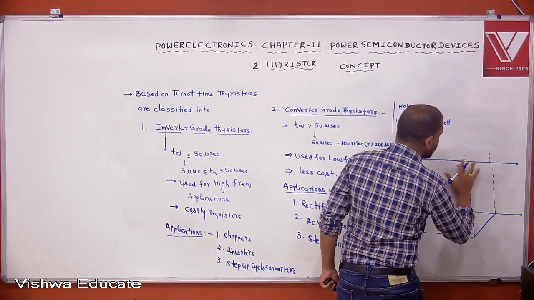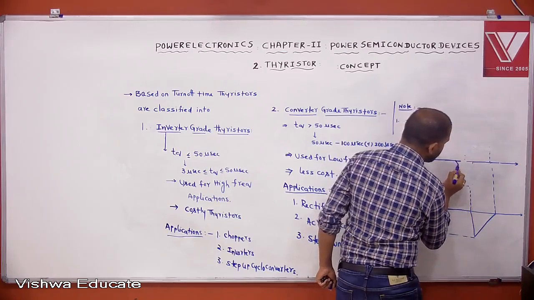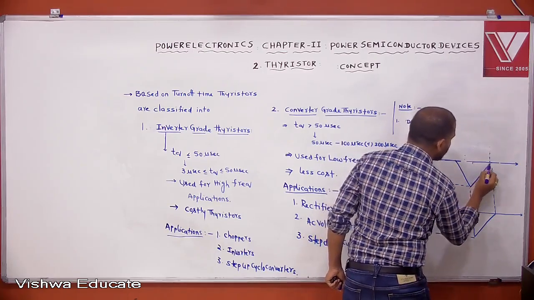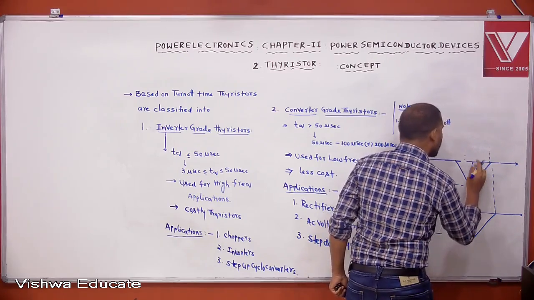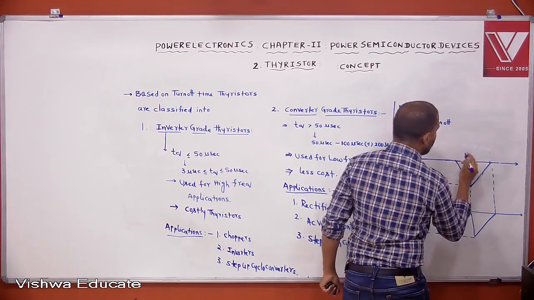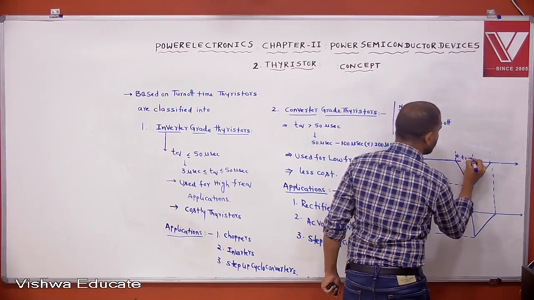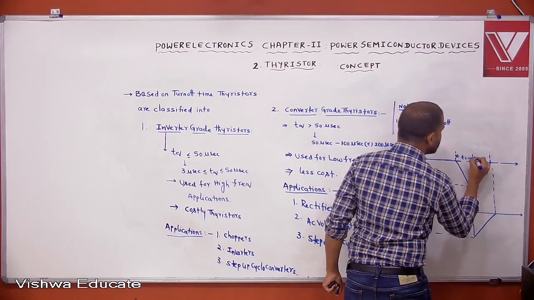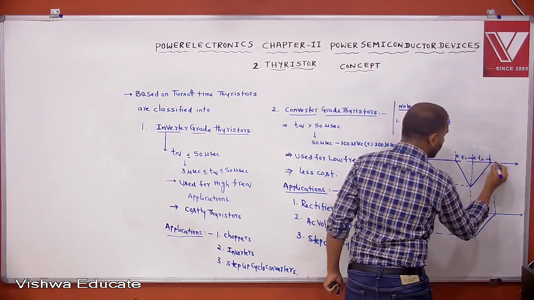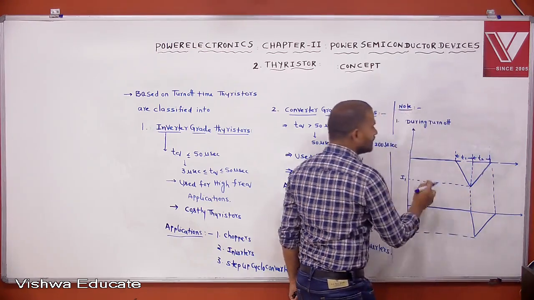The characteristics are like this. This time is taken as T1 and this time is given as T2. This is V1 and this is I1.